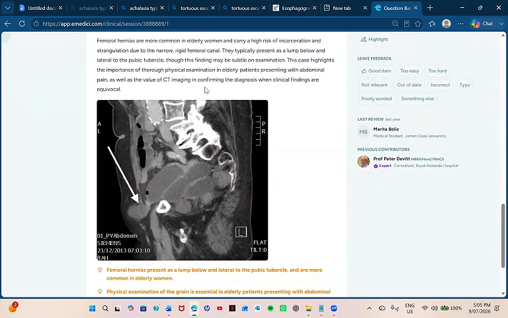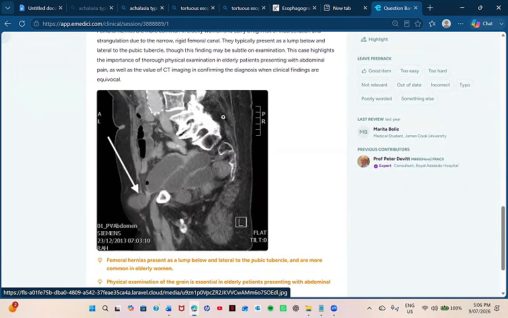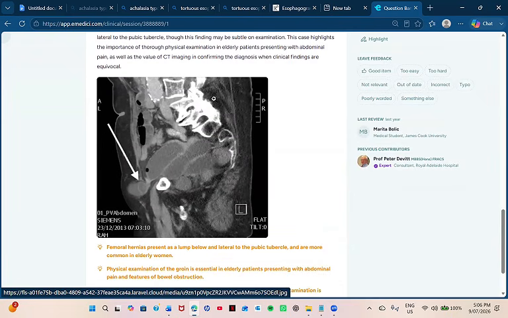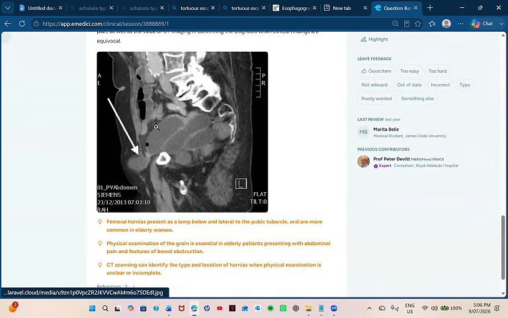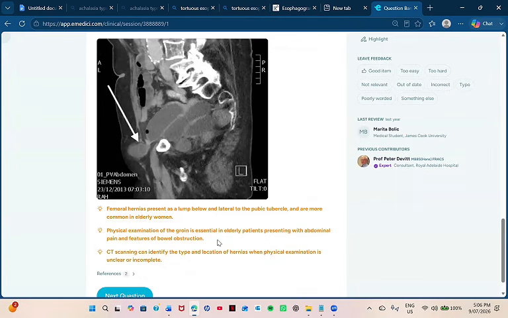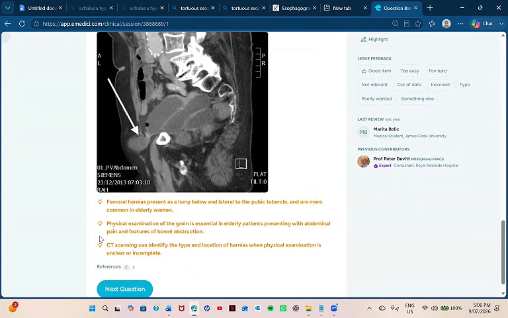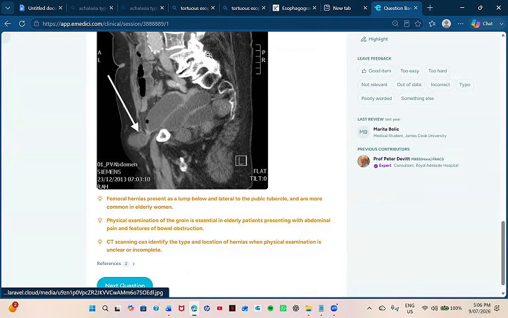This case highlights the importance of physical examination in elderly patients presenting with abdominal pain, as well as the value of CT images in confirming the diagnosis when clinical findings are equivocal. So, examination of the groin is essential in an elderly patient presenting with abdominal pain or bowel obstruction. CT can identify the type and location of hernia when physical examination is unclear or incomplete.